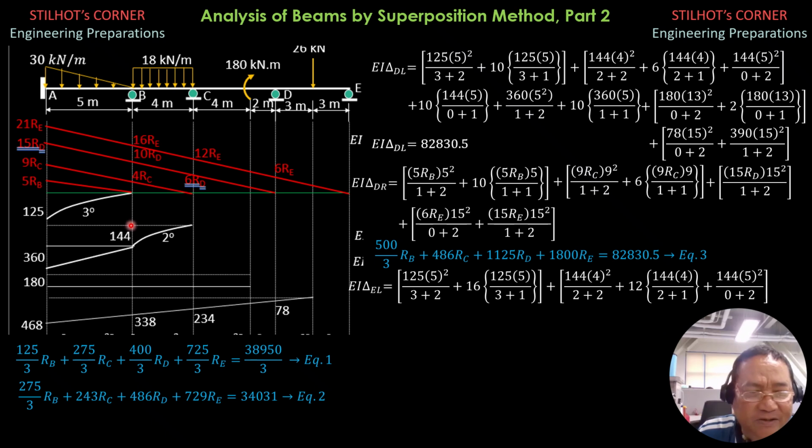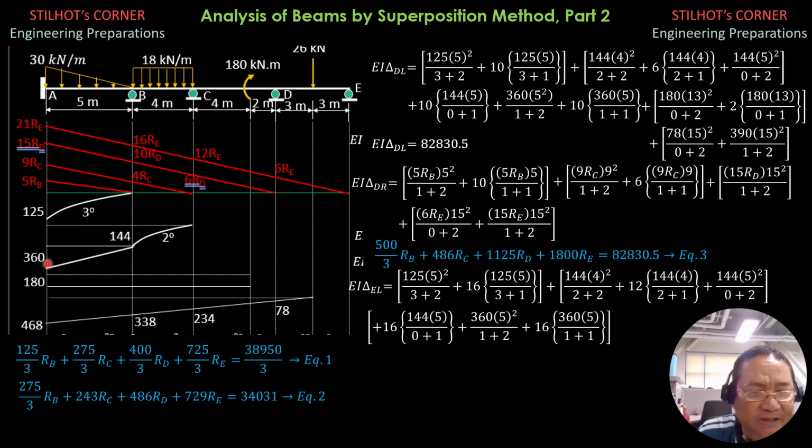Next, for this couple here at B, moment due to deflection 144, 5 square over 0 plus 2. And due to slope 8, so 10, 16. So 16 of 144, length 5 over 0 degree plus 1.